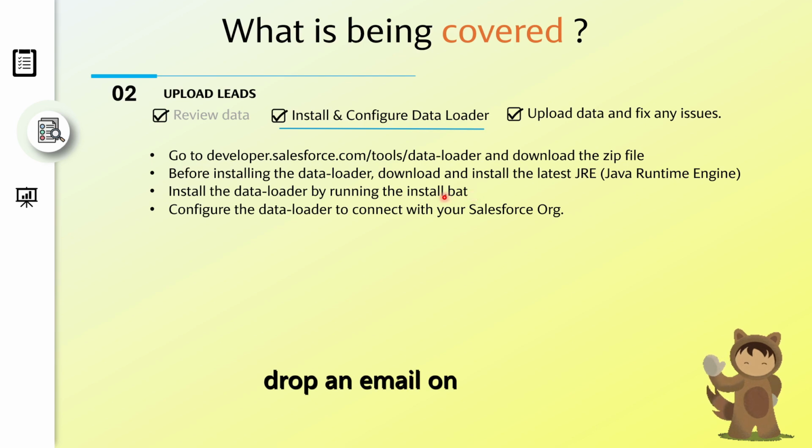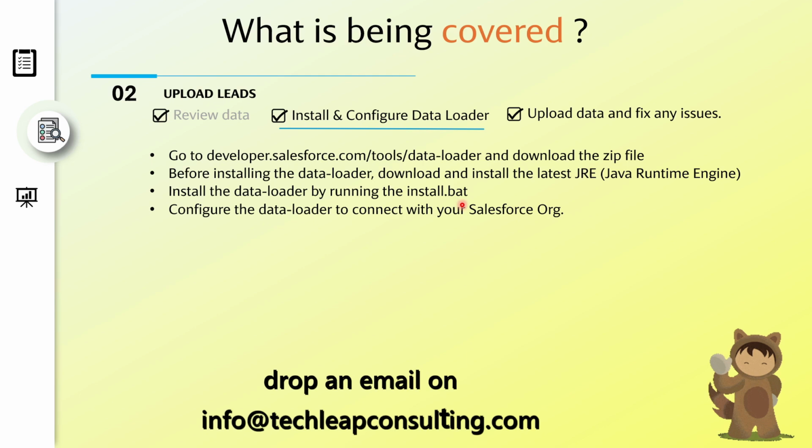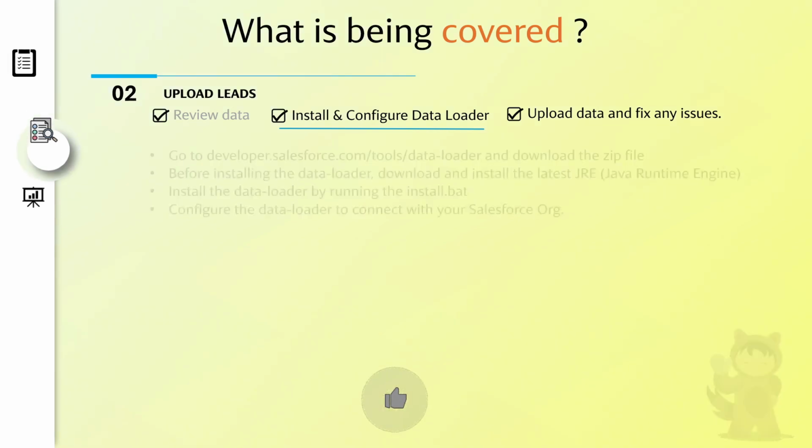So we run this, but before that we need to have the latest JRE installed, because data loader relies on the Java runtime engine to load its screens and interact with the data loader. So this is a dependency. We'll look at how we can download this for free, of course, and we'll configure the data loader to connect with our Salesforce org. All right, so that's for the theory part of it.